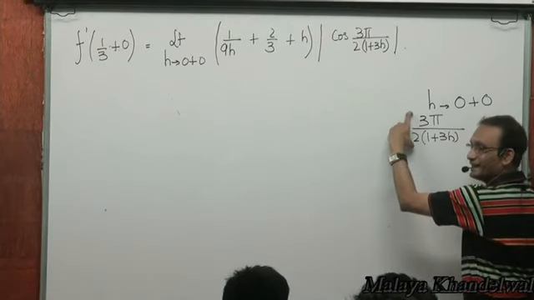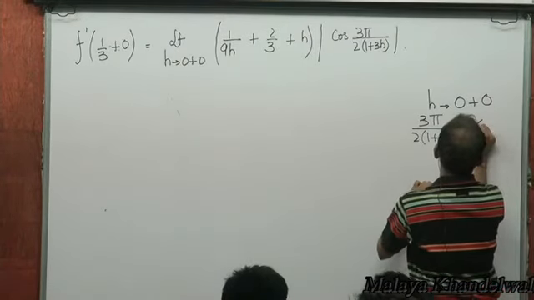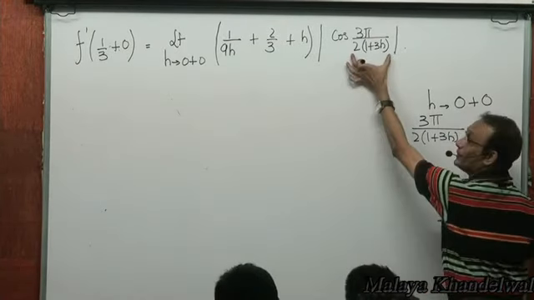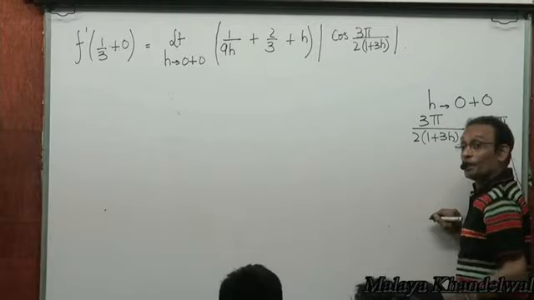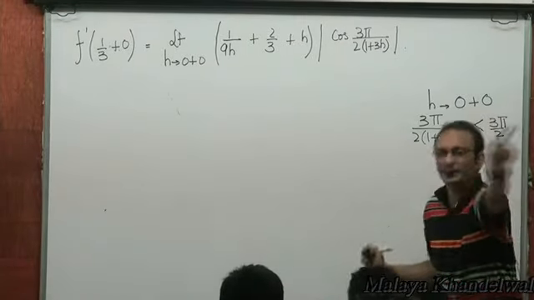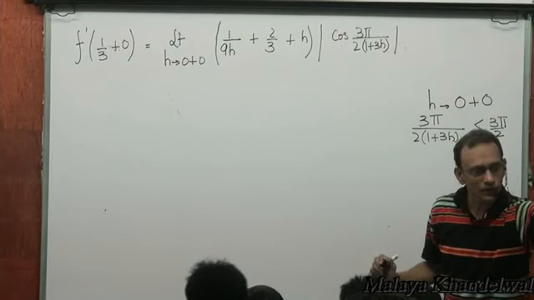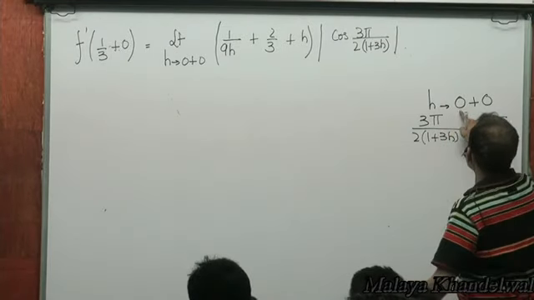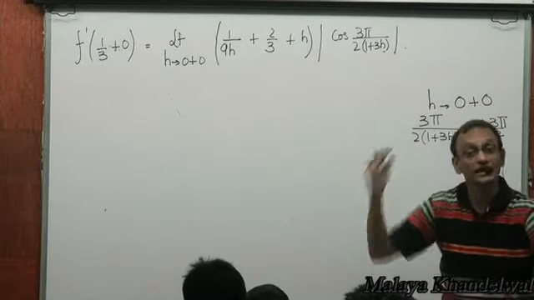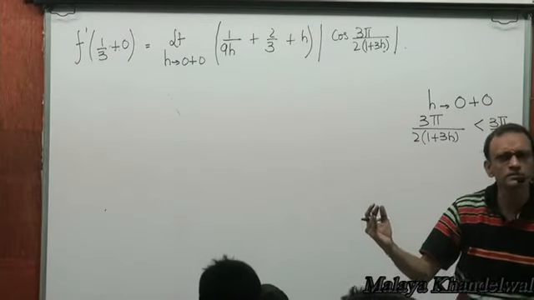Yes or no? That means this angle will be in the third quadrant. In the third quadrant, cos theta is negative. So mod cos theta would be minus cos theta. So when h tends to 0 from the greater than 0 side, this mod cos theta would be minus cos theta. Do you all understand this?